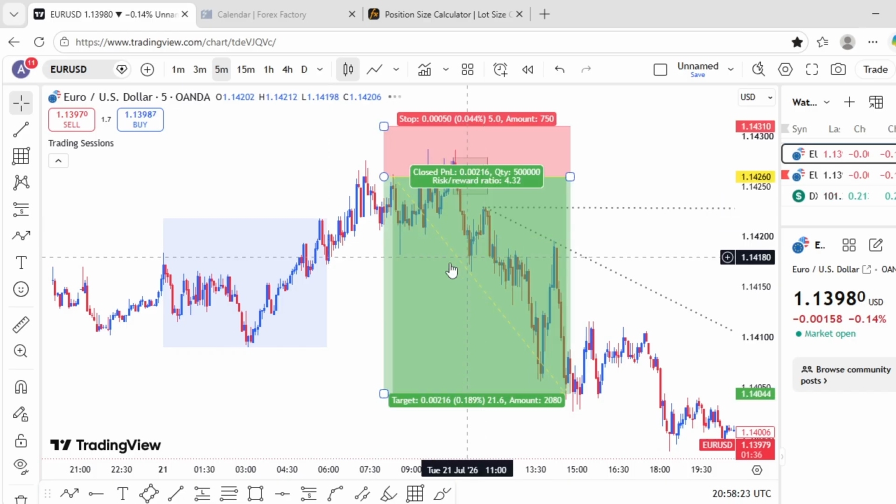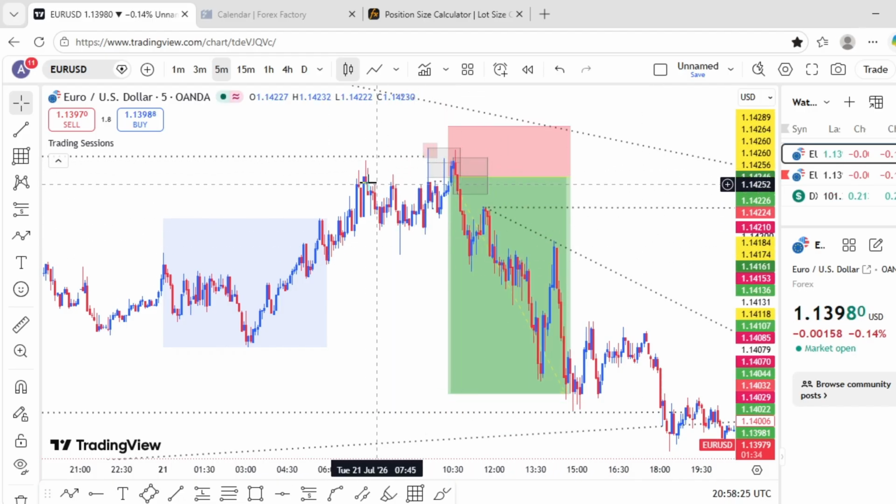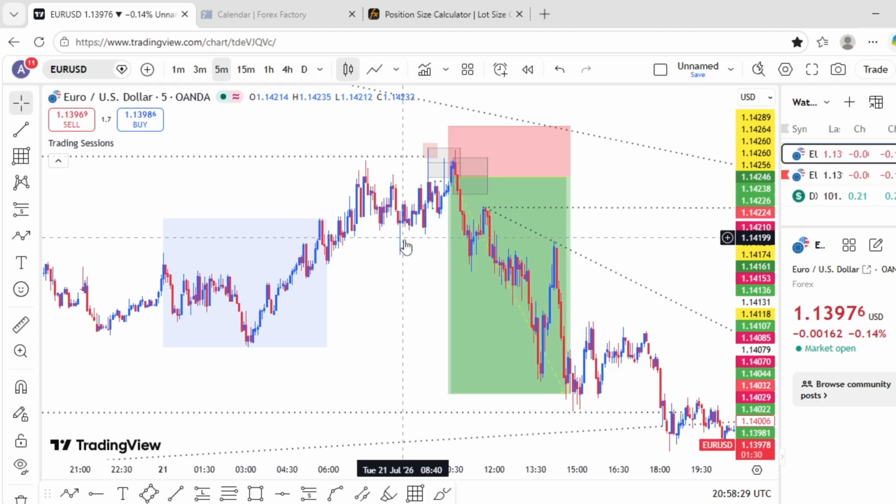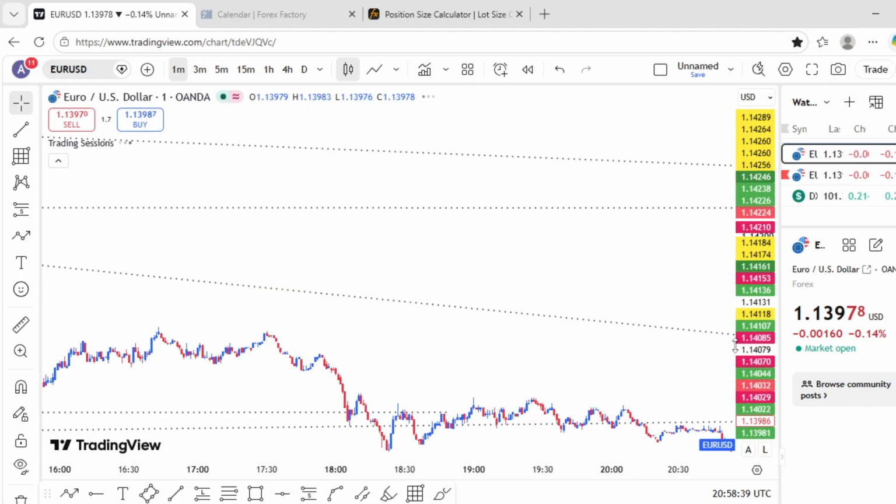And as you can see from here, we came down, formed a higher low, a lower high, a lower low, and then we started going to the upside. So once we took out liquidity, I quickly went down to the 1-minute time frame.